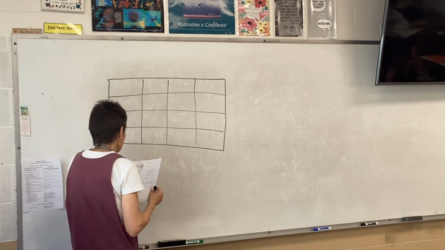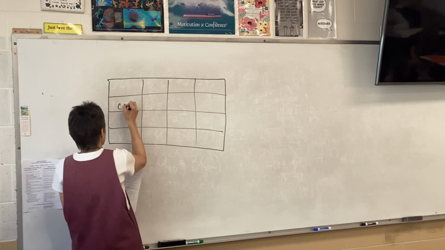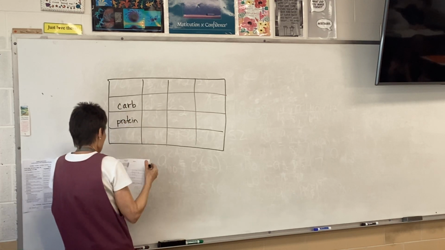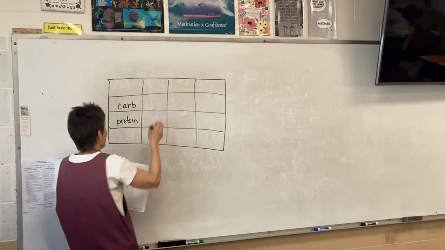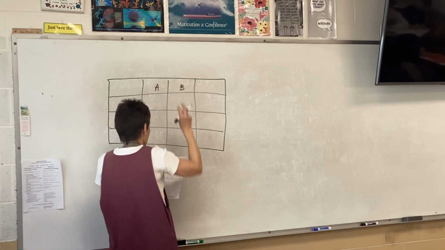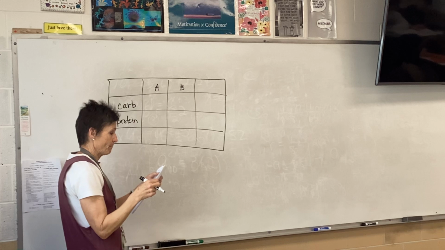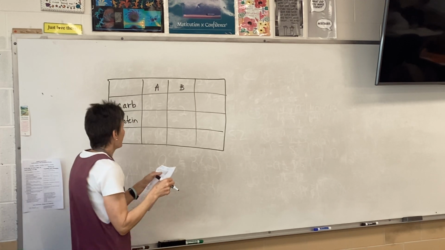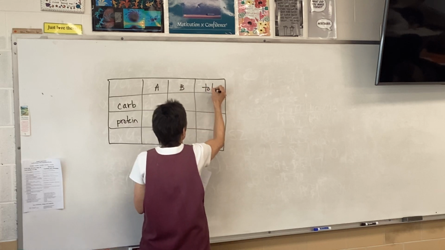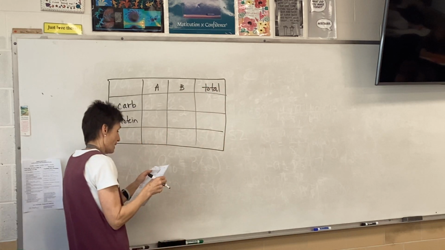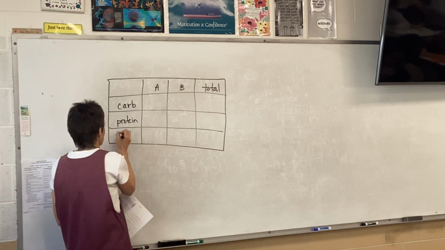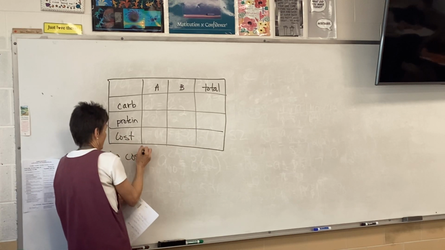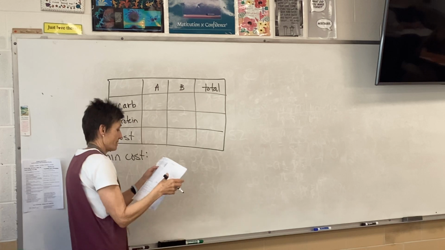So I need carbohydrates and protein, and it's going to come from food substance A or B. All right. And I am trying to do this to minimize cost. All right, so here we go.